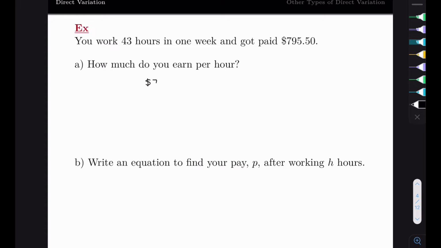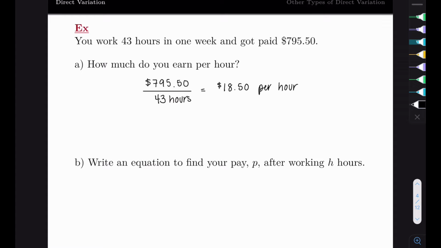So we're going to take our total amount of $795.50 and we're going to divide it by the amount of hours we worked. So if you take the $795.50, divide it by 43, what you're going to end up finding is that this is $18.50. So we're earning $18.50 per hour that we work.